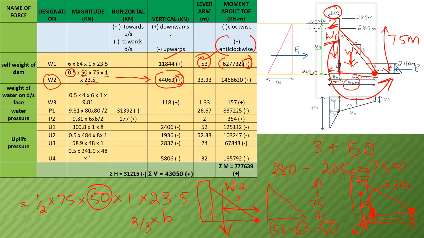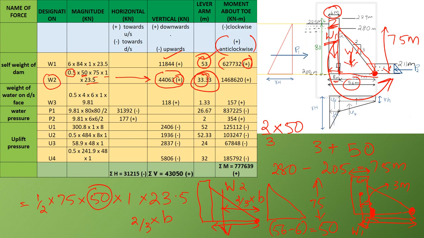This is 2 by 3 into B, where B is this distance, which we have already calculated as 50. Therefore that lever arm is equal to 33.33, obtained by 2 by 3 into 50.